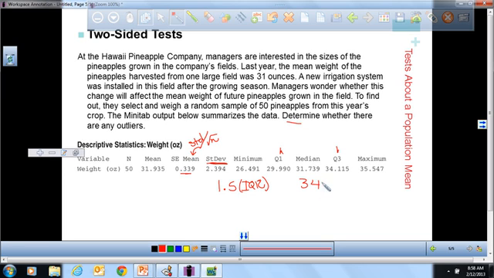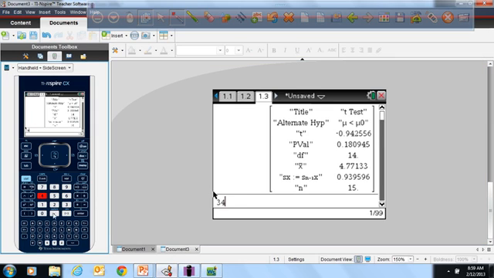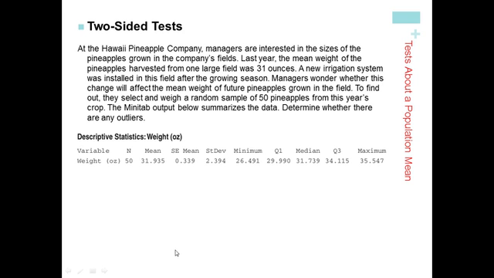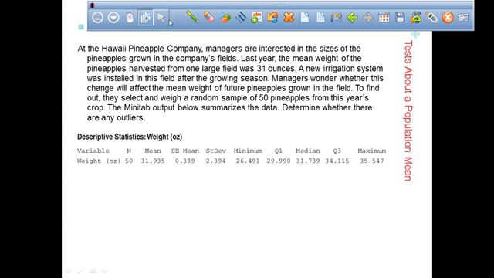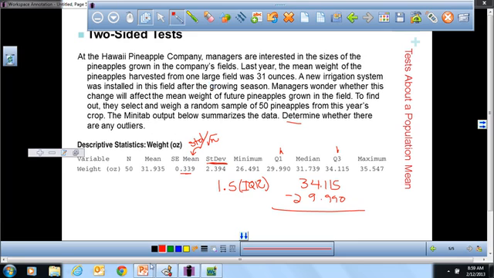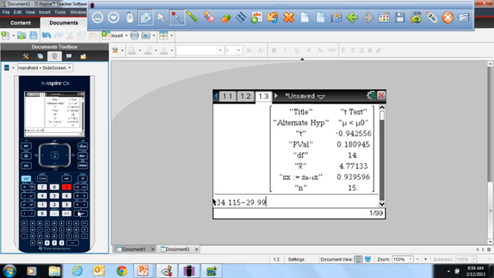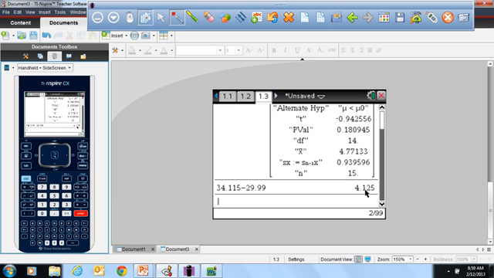So we get 34.115 minus this 29.990. Push enter, and the IQR is 4.125.